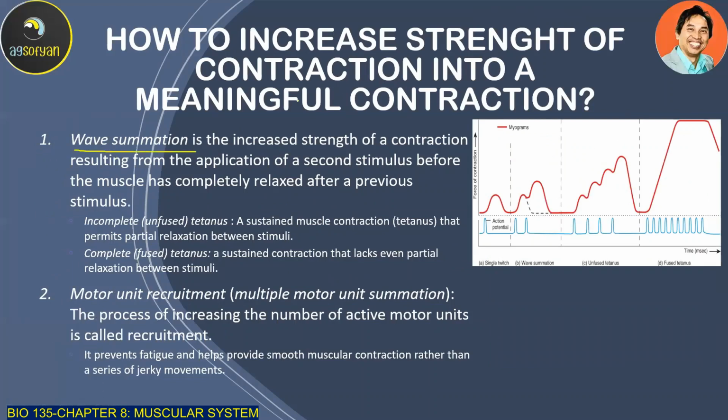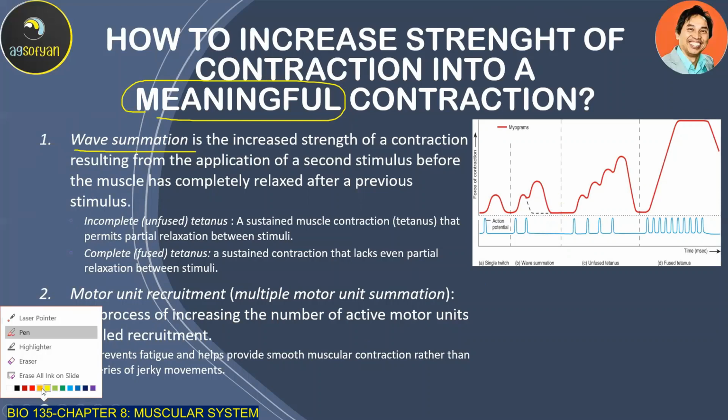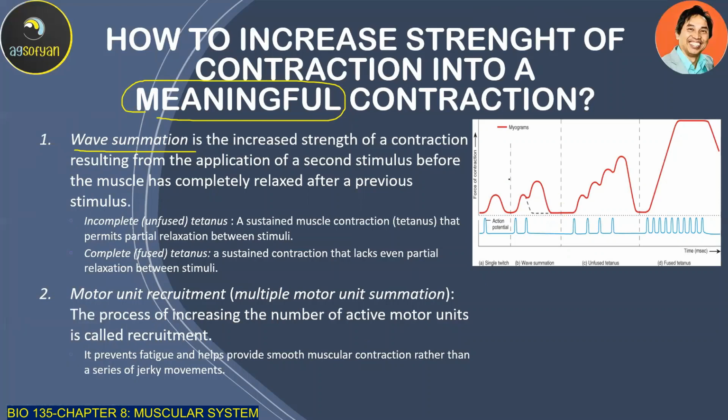Wave summation basically is one twitch over here, and then another twitch will come, and then another, and another. So a lot of twitches together. The contractions come together before relaxation of the first twitch, and finally it will give us this strong contraction.